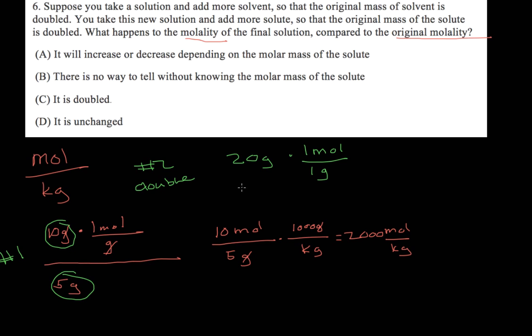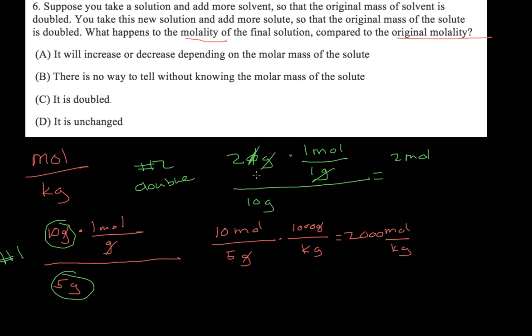And on the bottom here we will have 10 grams instead of 5, sorry. And then that's going to equal, these are going to cancel, so this is going to be 2 moles.